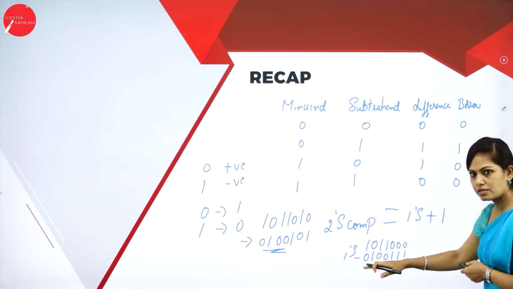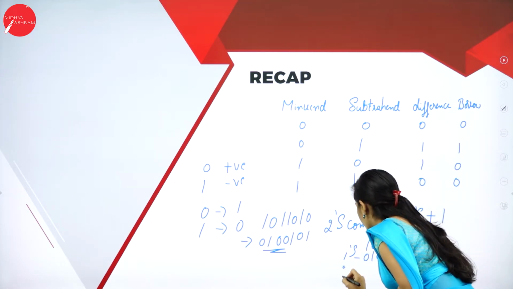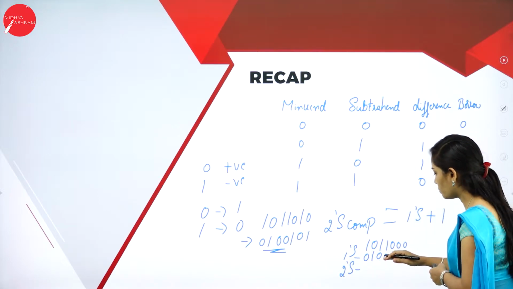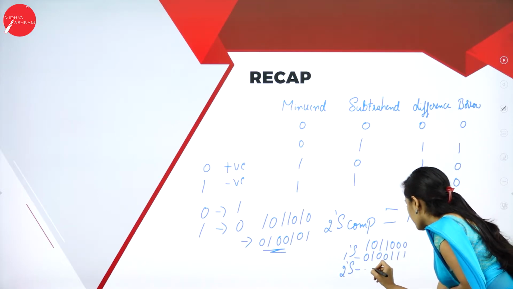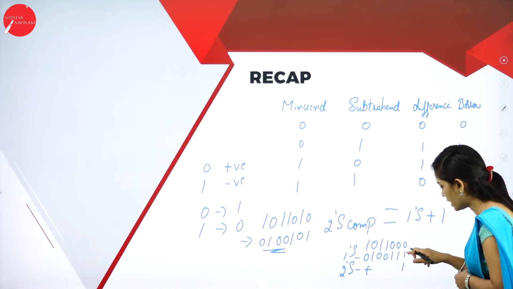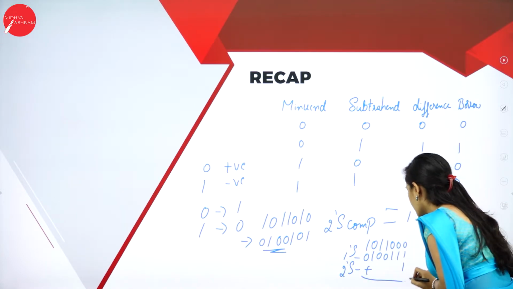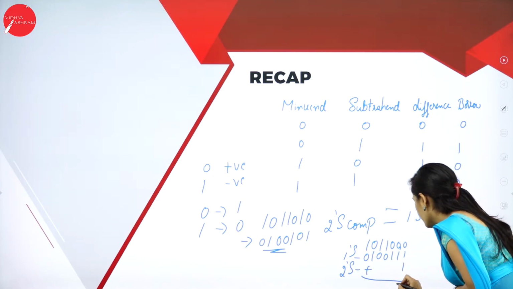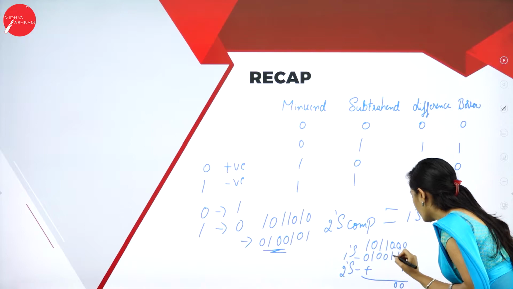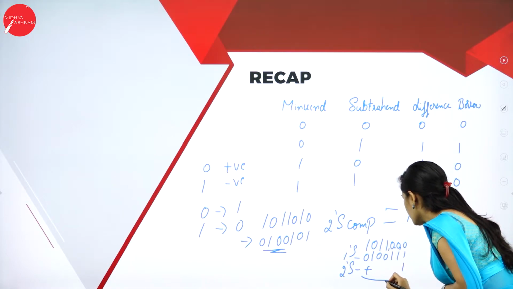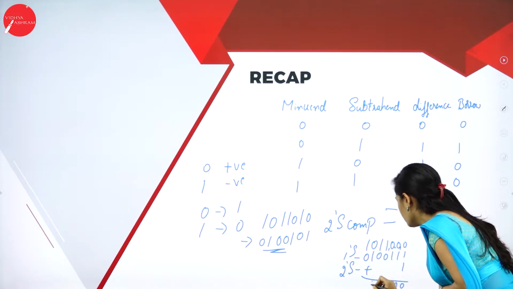This is 1's complement. Next, you have to convert this into 2's complement. 2's complement means add 1 to the least significant bit. This is LSB, least significant bit. So, 1 plus 1 is 0, 1 carry, 1 plus 1 is 0, 1 carry, 1 plus 1 is 0, 1 carry, 1 plus 0 is 1, 0 and 1.